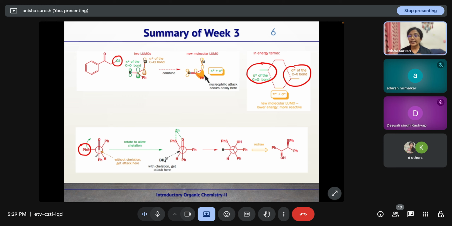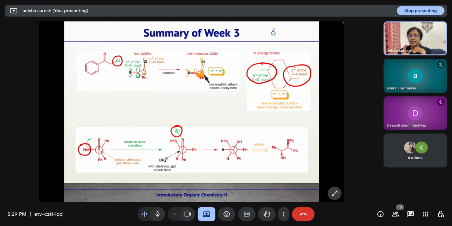So this is how we used to draw the Felkin-Anh model. But if a chelating metal is present like zinc, in that case this bond will rotate, and it will come in this fashion such that this sulfur lone pair and this oxygen lone pair can chelate with the zinc metal. So now here the Ph will be coming perpendicular to the carbonyl group, and the hydride can come and attack in this fashion, leading to formation of the final product.